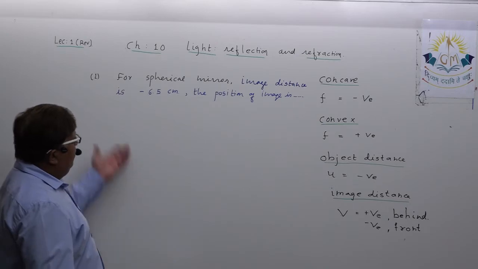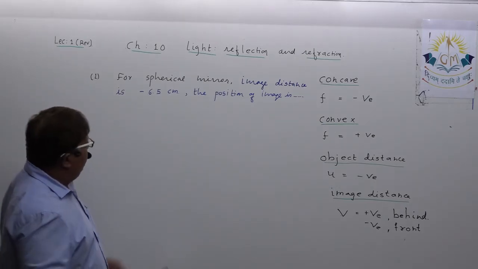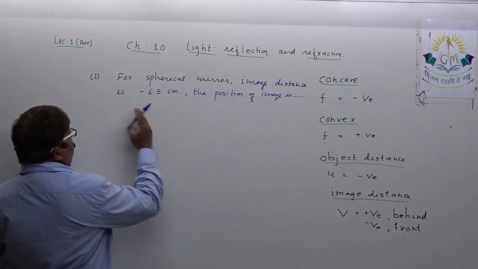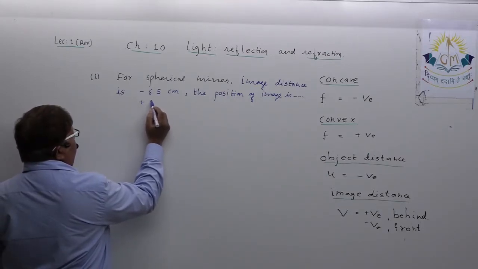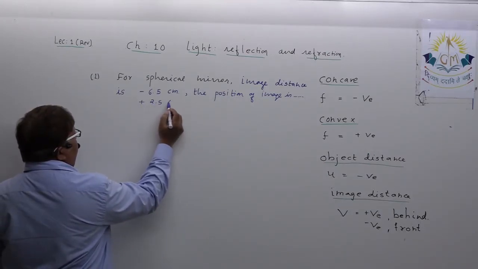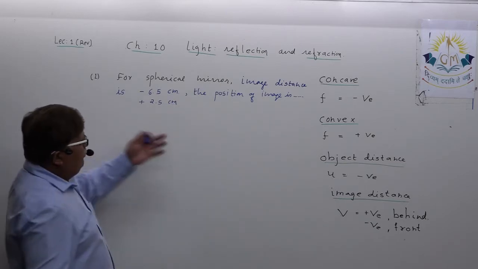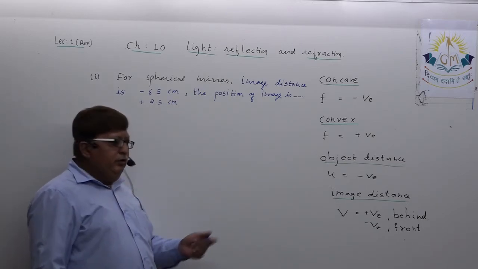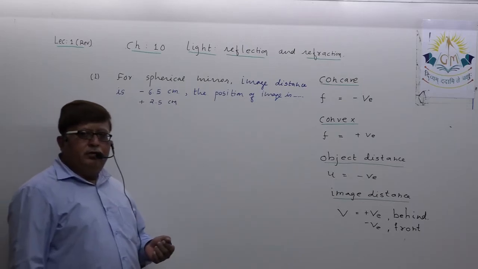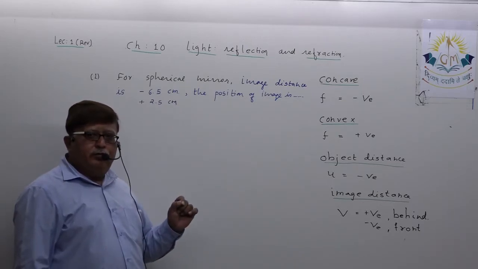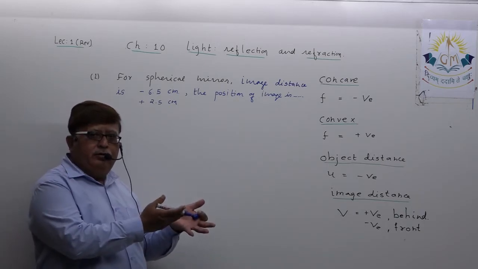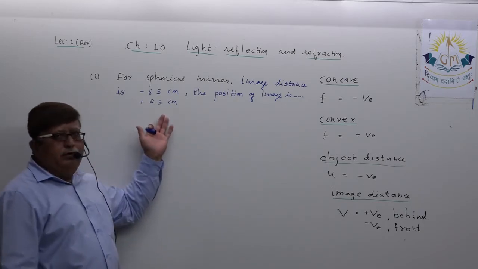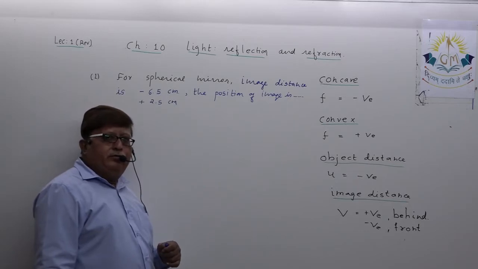Here I just make a minor change: for a spherical mirror, suppose I write image distance is 2.5 centimeter. The position of the image: obviously, when the image distance is positive, the image will be formed behind the mirror. So what can you write in answer?